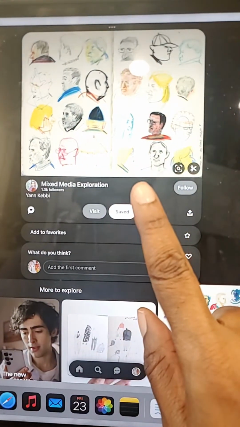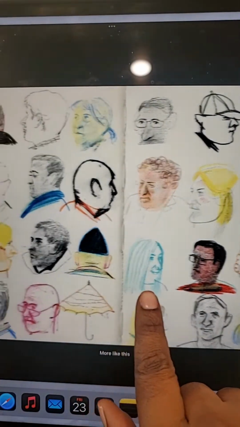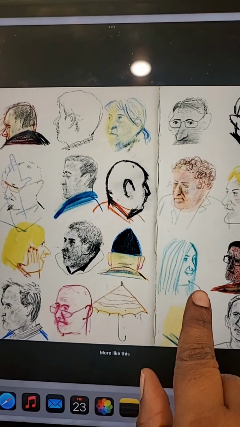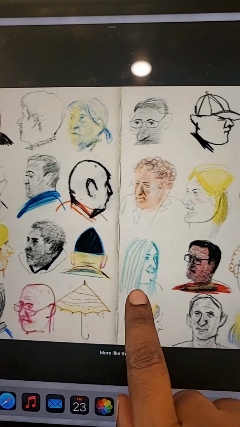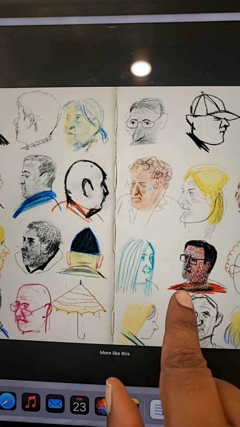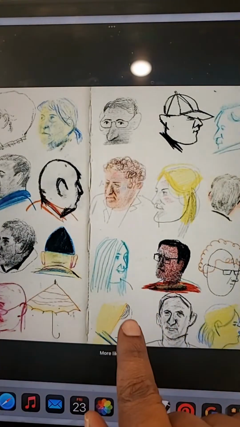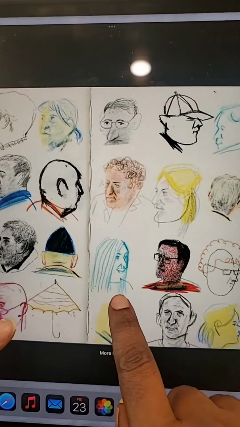This mixed media exploration. I just want to make it bigger. On this one, you can get a really good sense of how Yann Kebbi varies his lines, how he overlaps and uses different mixed media in each of his images, how he uses scale, how humor shows up in his images.